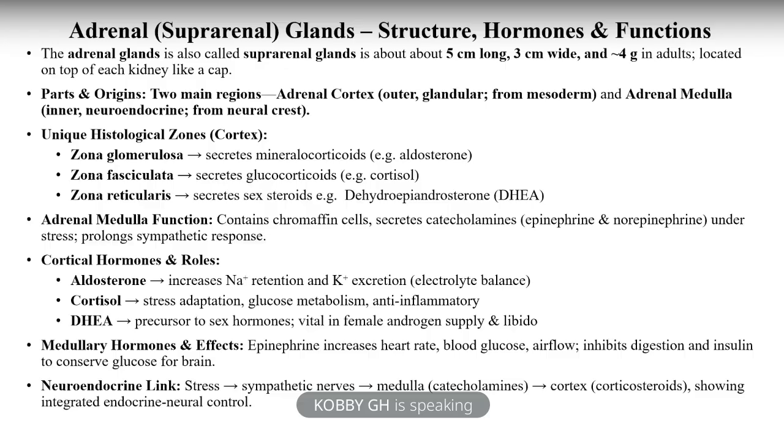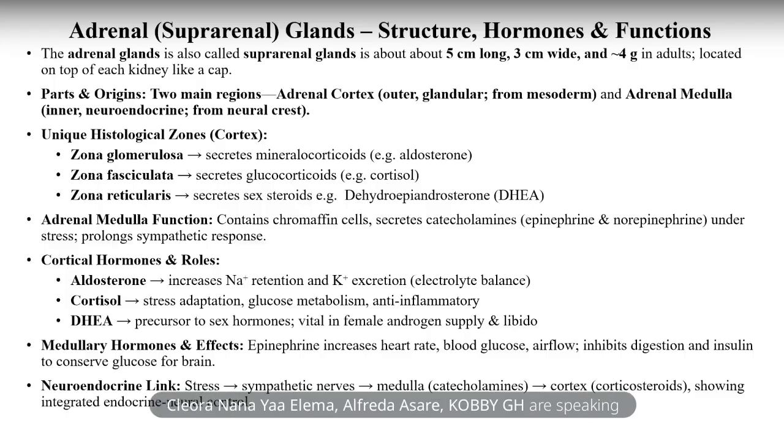Which part of the adrenal gland produces the glucocorticoids? The adrenal cortex, specifically the zona fasciculata.